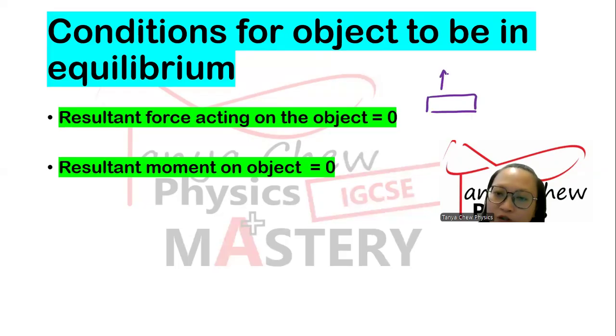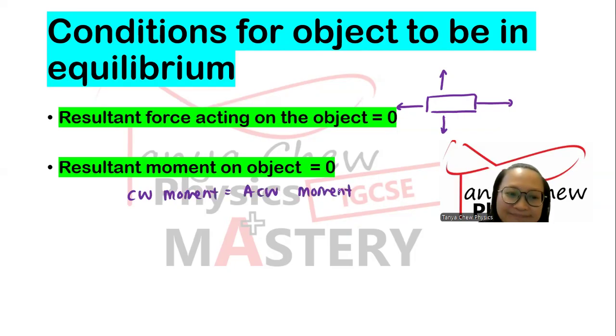That means the upward force on the object is balanced by the downward force, and the forward force is balanced by the backward force. Up is balanced by down, forward is balanced by backward. That is called resultant force. Resultant moment acting on the object must also be equal to 0. It means that the clockwise moment must always be equal to the anti-clockwise moment. That's it.